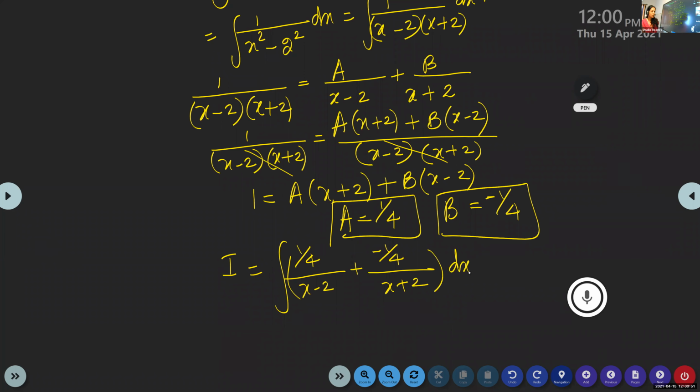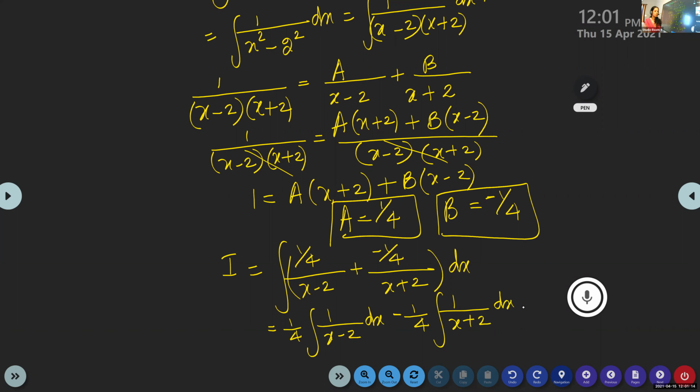We can split this into two integrals: 1 by 4 into integral of 1 by x minus 2 into dx, minus 1 by 4 into integral of 1 by x plus 2 into dx.